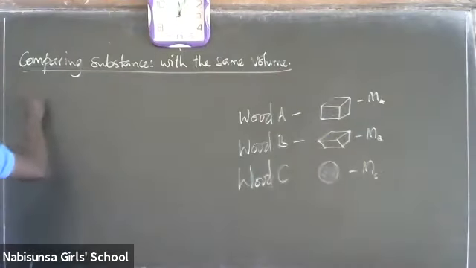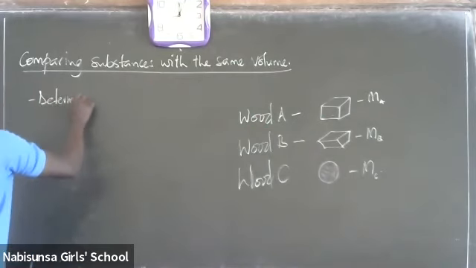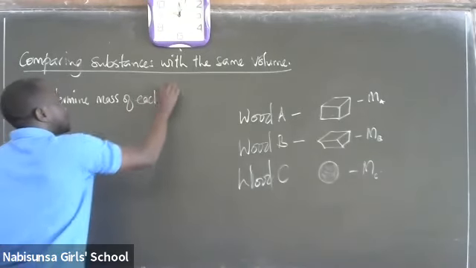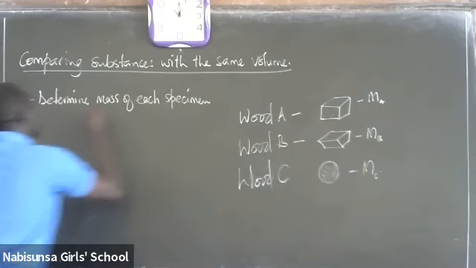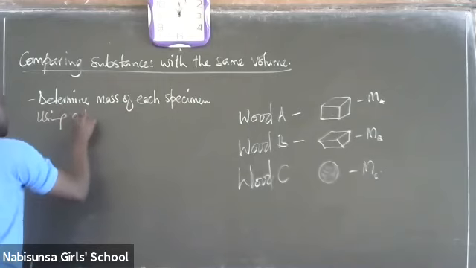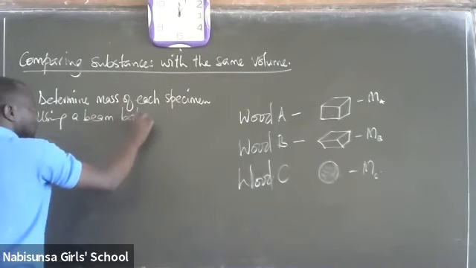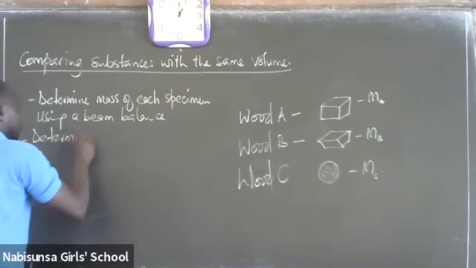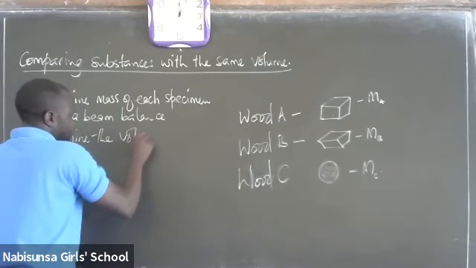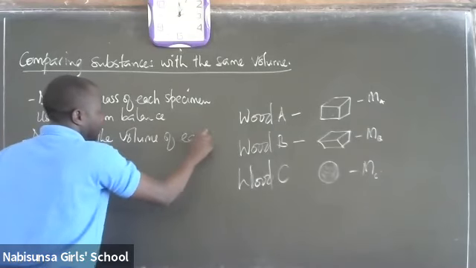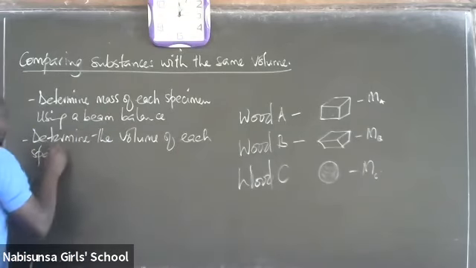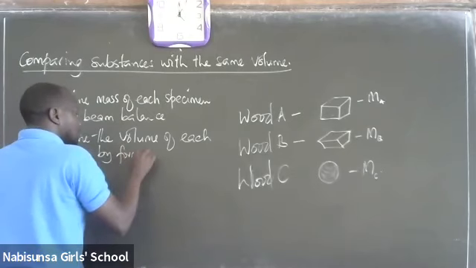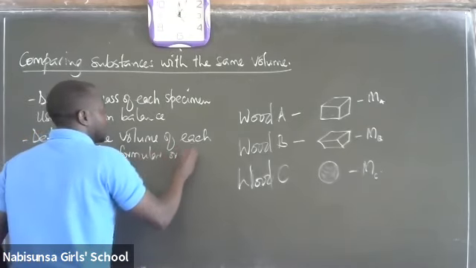So we are saying in our answering: procedure 1, determine the mass of each specimen using a beam balance. 2, determine the volume of each specimen by formula or displacement method.